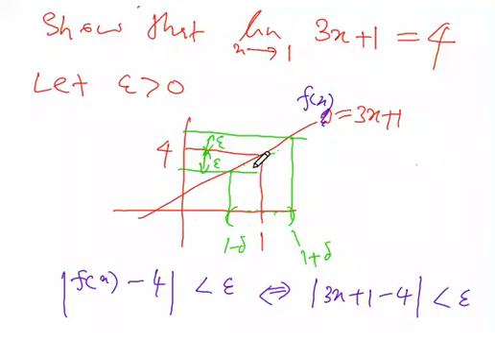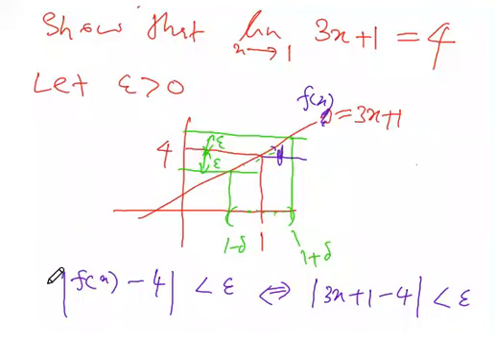So we consider the gap between the functional value and the limit. We measure the gap. That gap should definitely be less than this gap here, epsilon. So let's take f of x and take away 4, the limit value.